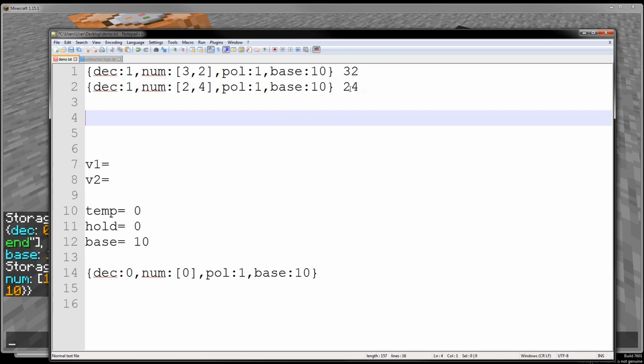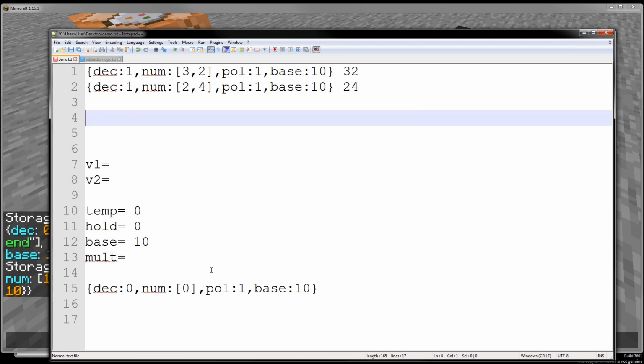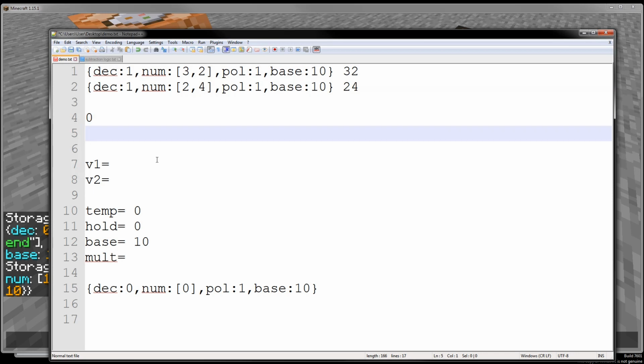So what I do is I create an extra or new value in the scoreboard called mult, and basically what I do is I have this array from the output, which I put into here. So I start with 0 plus 32. Because I am multiplying 1 times 2.